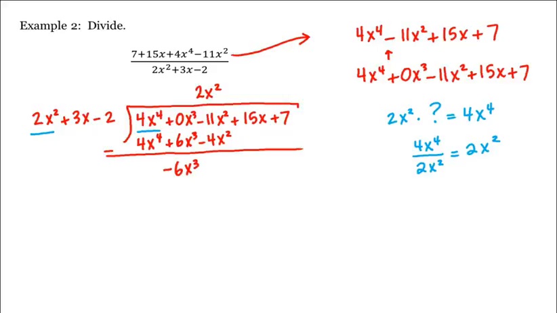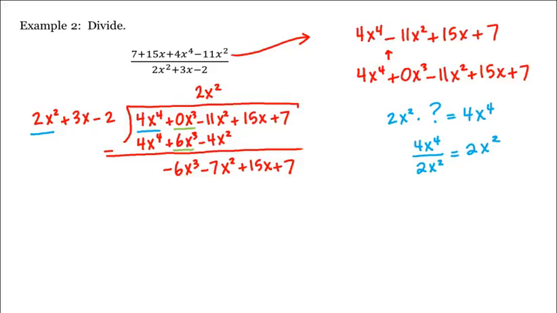And then negative 11x squared minus a minus 4x squared is negative 7x squared. And then we still have this plus 15x plus 7. Now we didn't need to write this placeholder here, this 0x cubed, but when we subtract this 6x cubed, it comes in handy because then we know we are subtracting 6x cubed from 0x cubed.